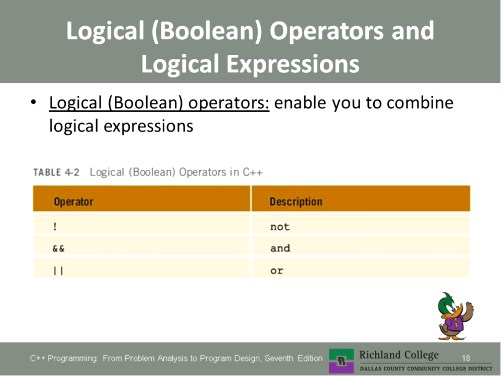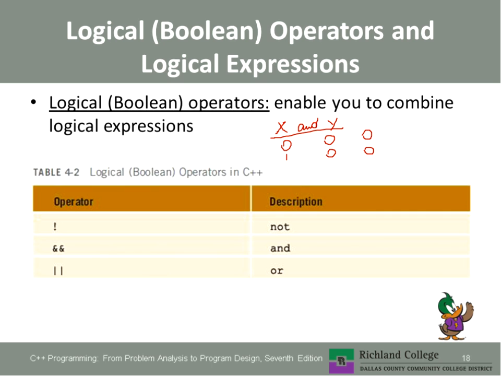Now if you say and, what is and? Let's say x and y. If x is 0 and y is 0, then the result is 0.